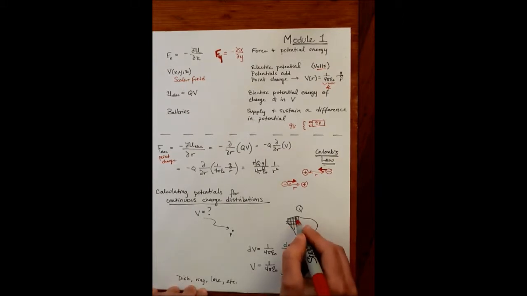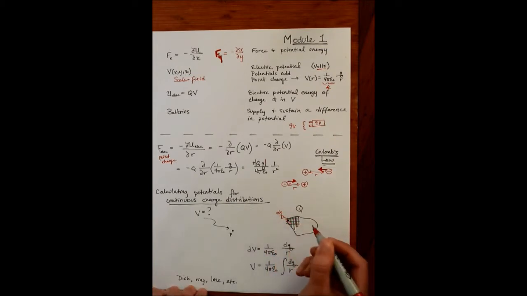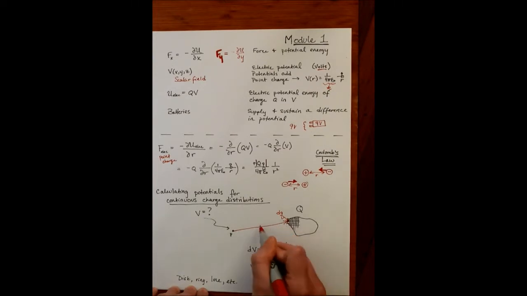Well, I can break the continuous charge distribution up into little tiny pieces of charge, so I can treat each of these as a point charge. So I can treat this as a point charge with charge dq. That's just an infinitesimal piece of charge, dq. And then I'll have a distance from P to dq, so I'll have an r.